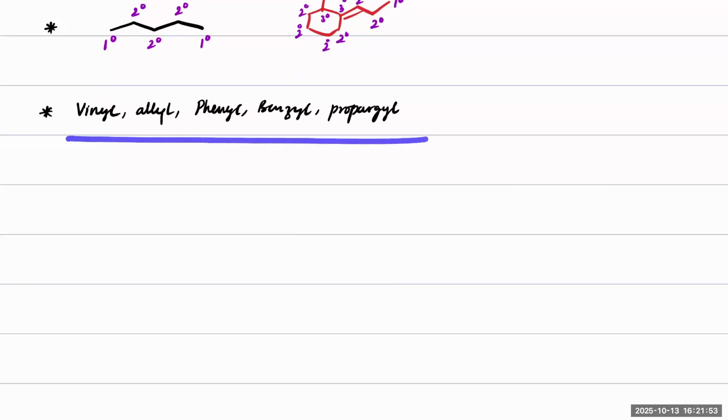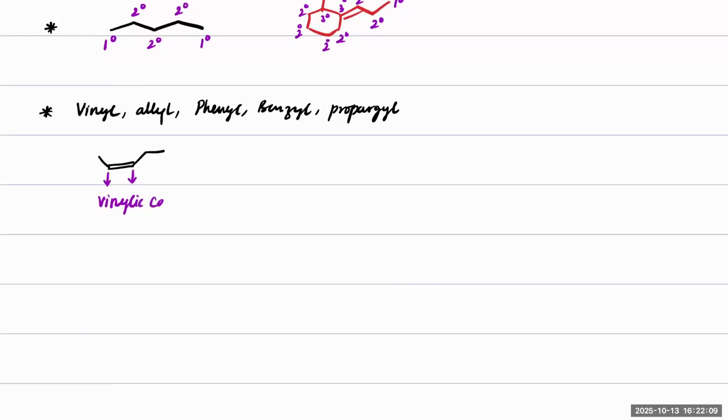Very simple. Wherever a double bond is present, the double-bonded carbons are both called vinylic carbons. Got it? That's why CH2=CHCl we call vinyl chloride.